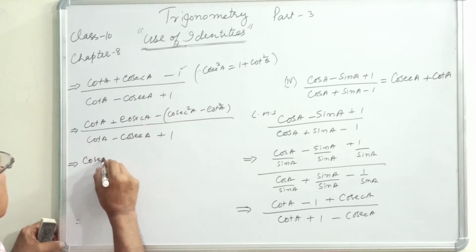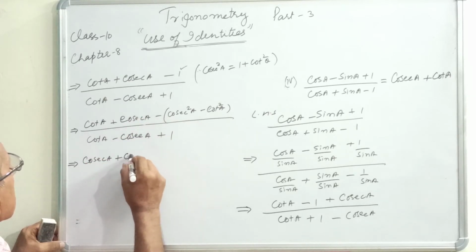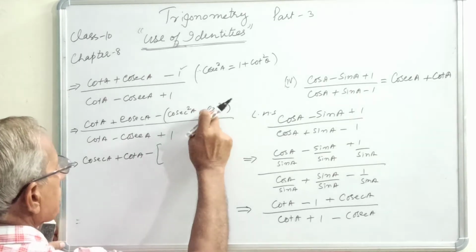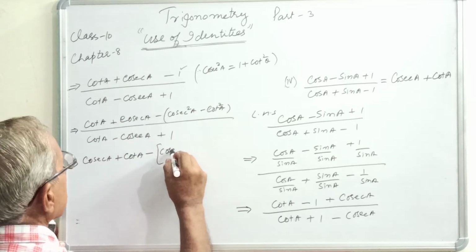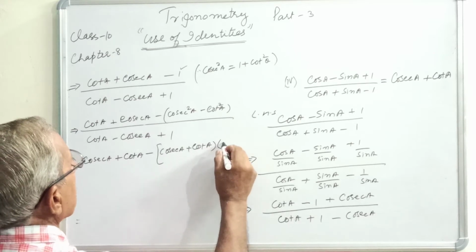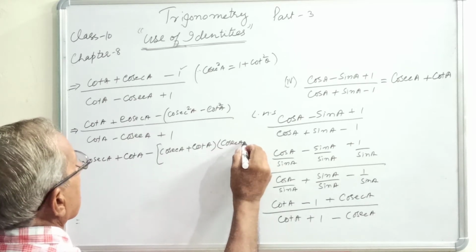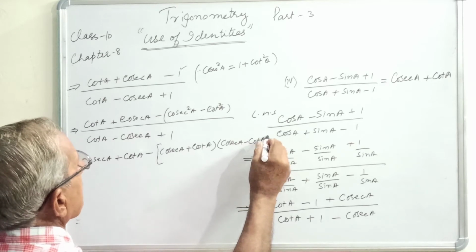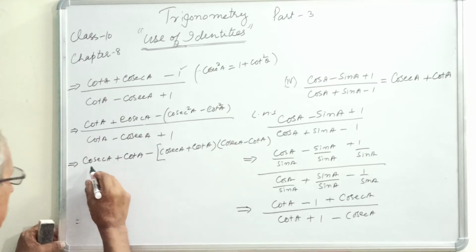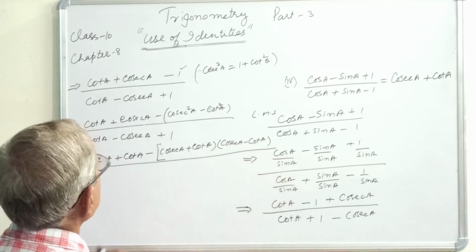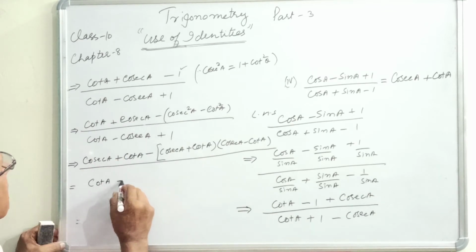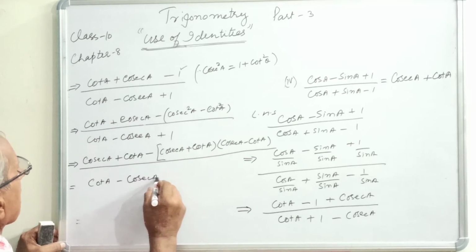So cosecant A plus cotangent A minus, so I am writing 2 factors for this. This will be (cosecant A plus cotangent A) into (cosecant A minus cotangent A) in the form of A square minus B square factors. The denominator is cotangent A minus cosecant A plus 1.